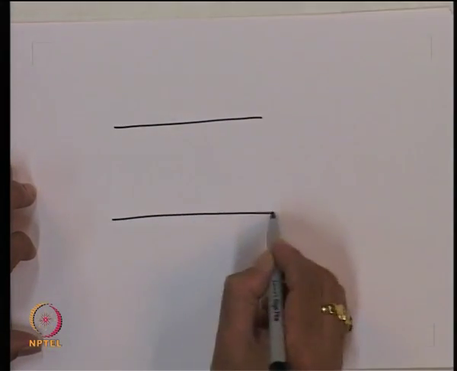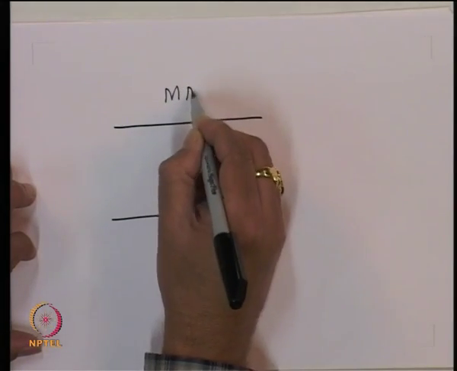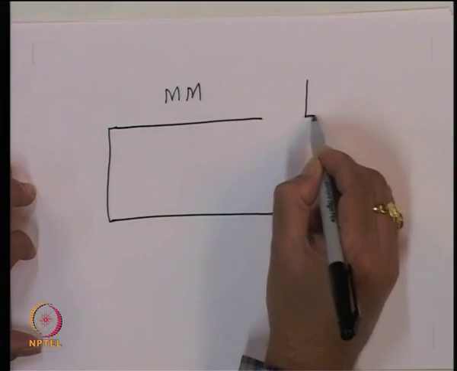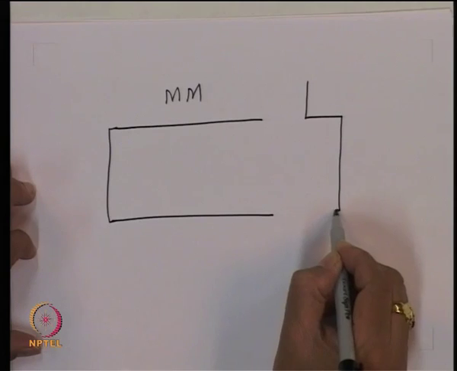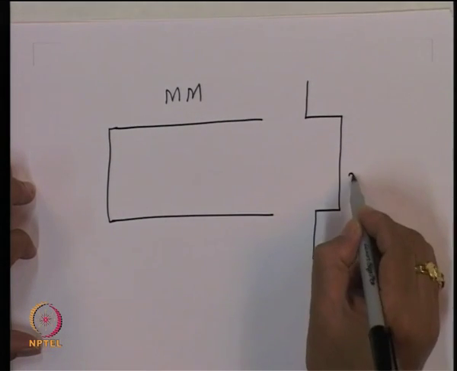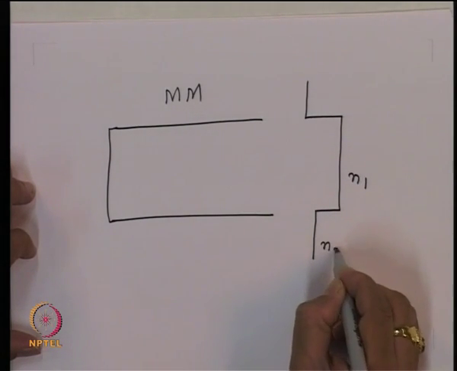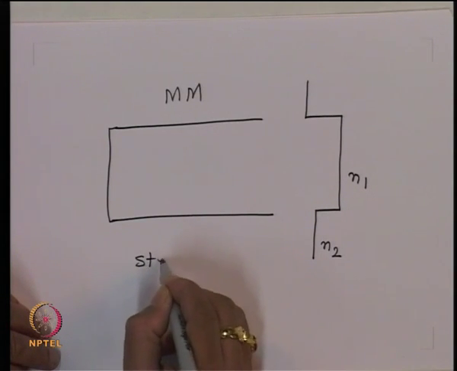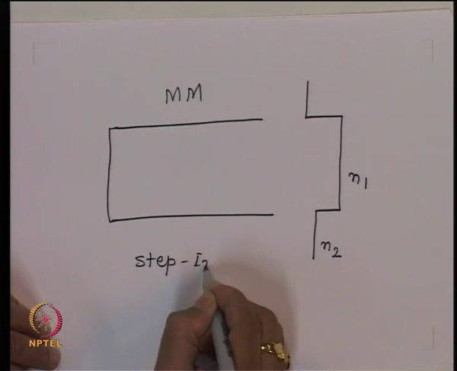So, if I consider a simple multimode fiber, the refractive index profile will look like that, where this is N1, this is N2. This refractive index profile we call the step profile. So, we can call this fiber the step index multimode fiber.